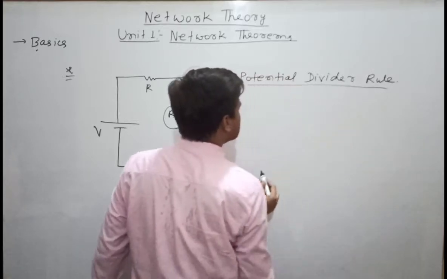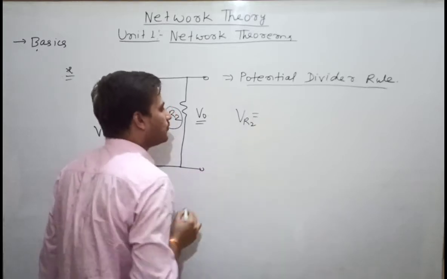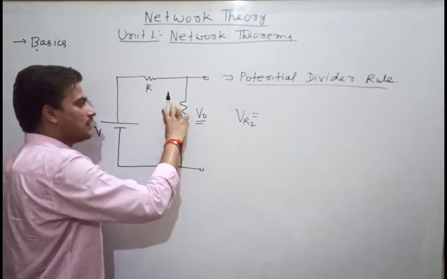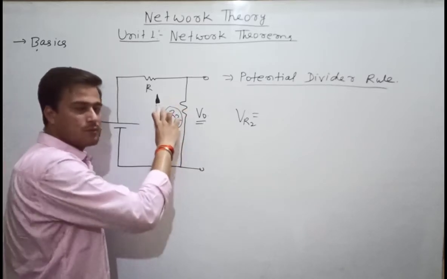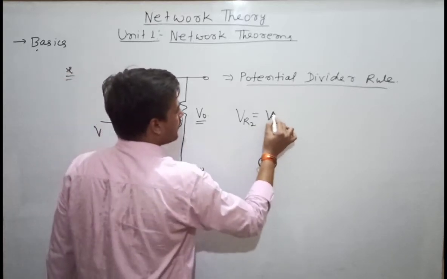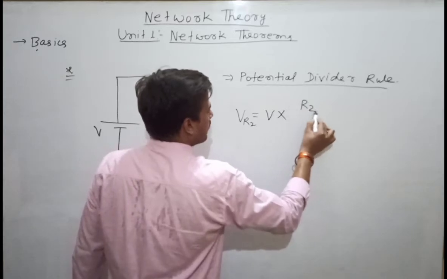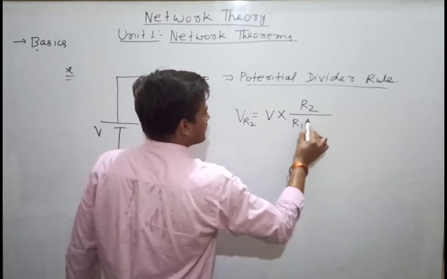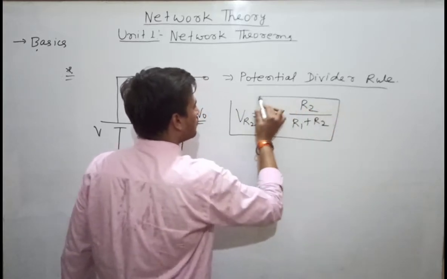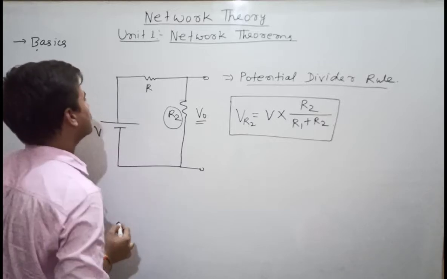If you apply the potential divider rule, you will write the voltage across R2, that is VR2. You know that the branch having more resistance will have more voltage drop. So VR2 will be equal to V into R2 divided by R1 plus R2.